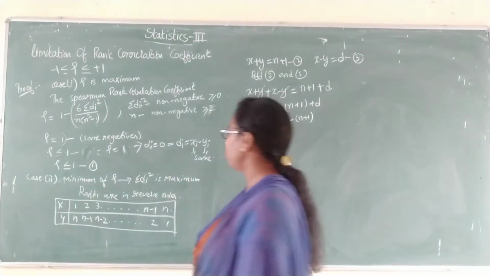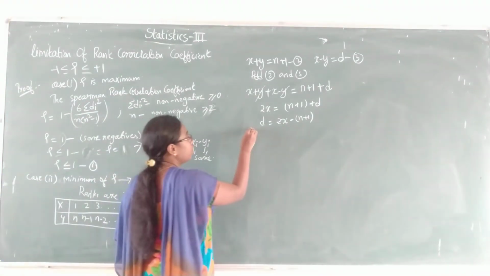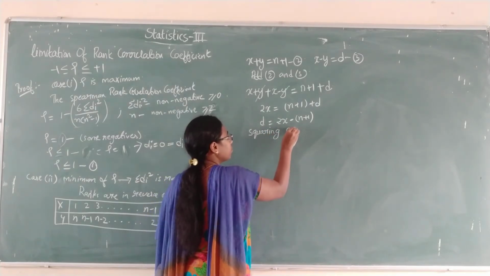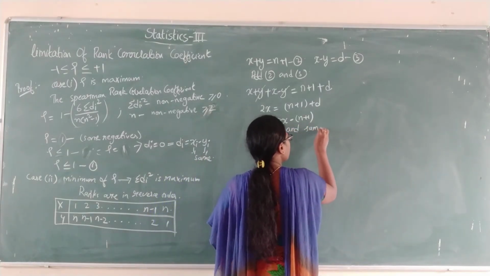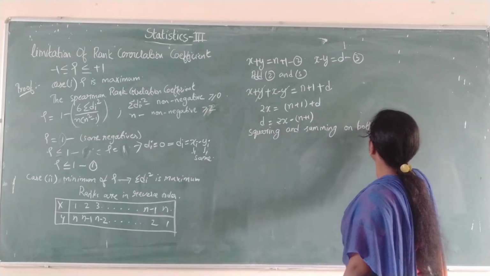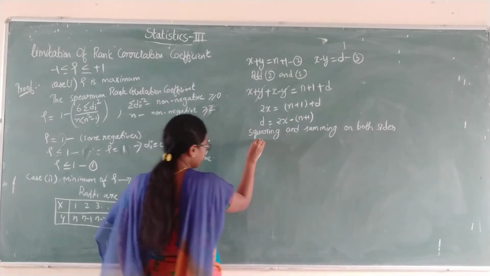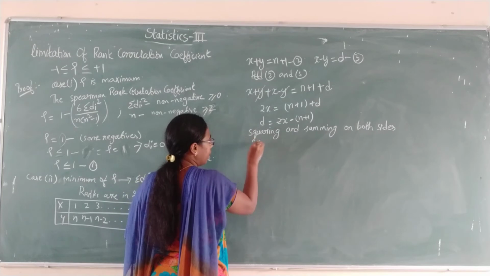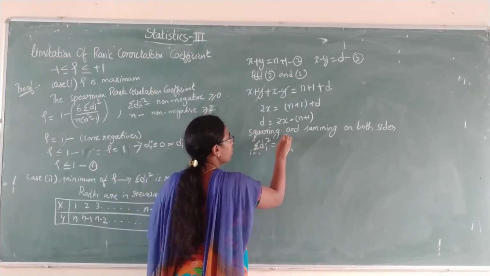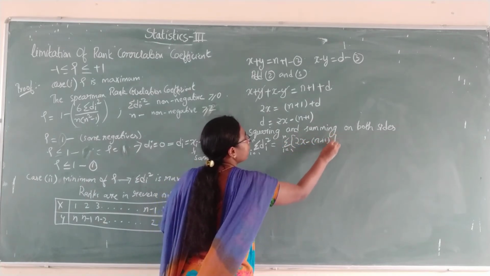After getting the d value, what will we do? Squaring and summing on both sides, because I want the summation di square value. So squaring and summing means you add: summation i equals 1 to n di square equals summation i equals 1 to n of (2x minus (n plus 1)) whole square.